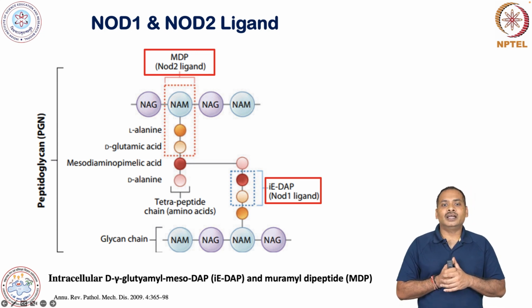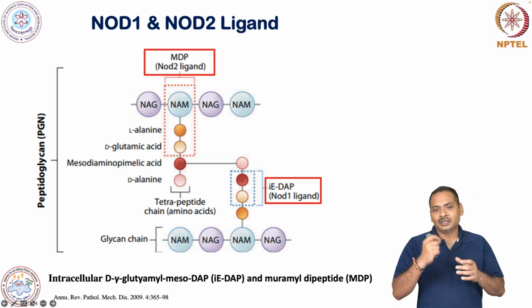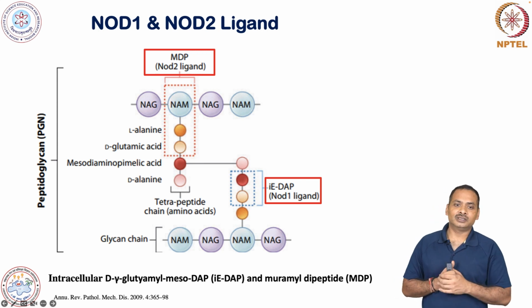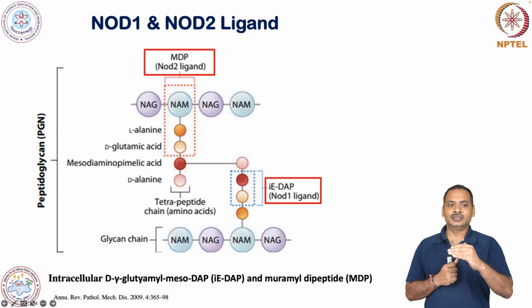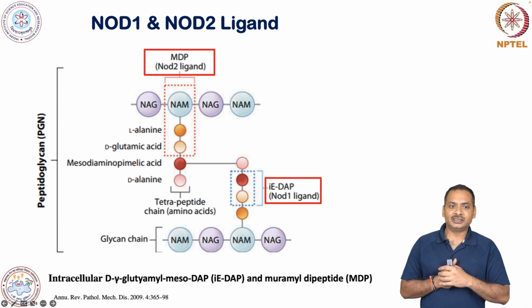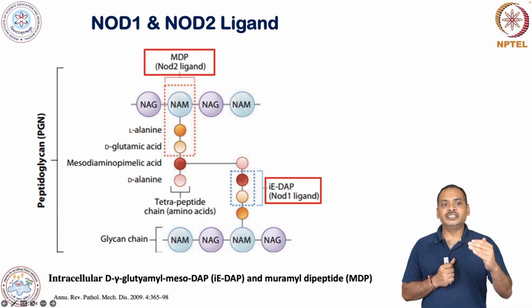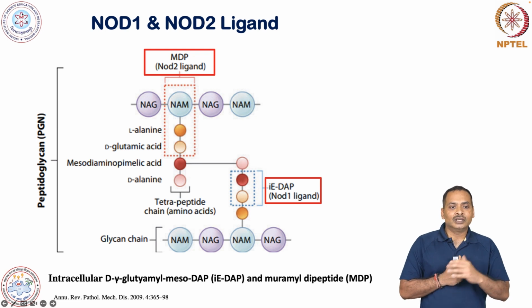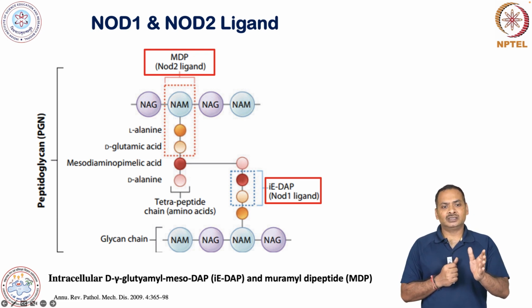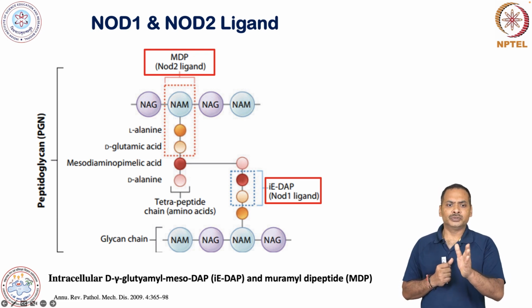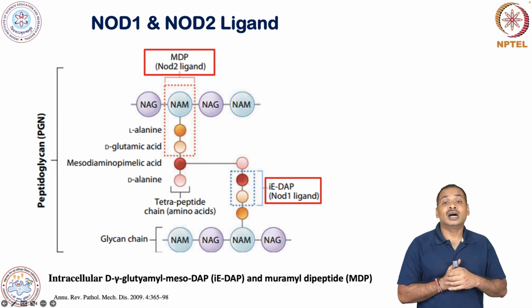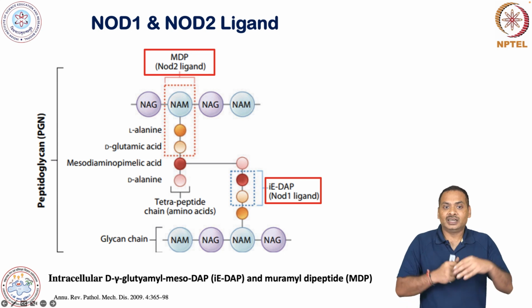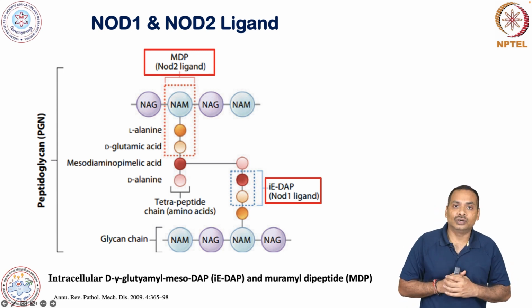There is another component: if you look below, you can see diaminopimelic acid and D-glutamic acid. This D-gamma-glutamyl-meso-diaminopimelic acid is iE-DAP, and this is a ligand for NOD1.